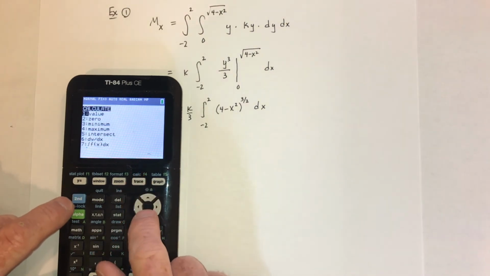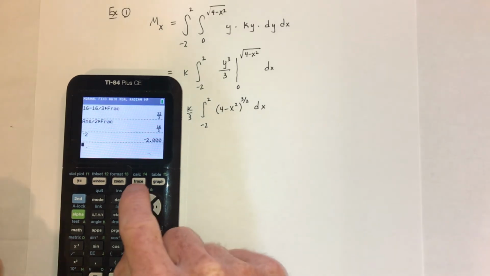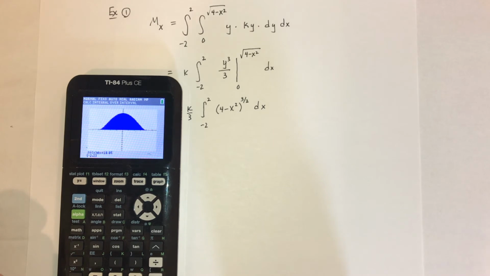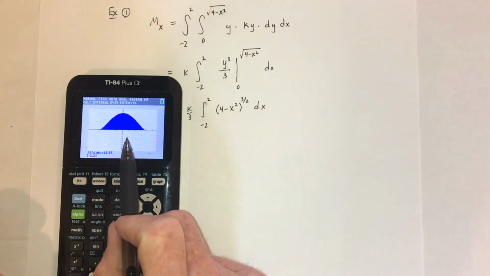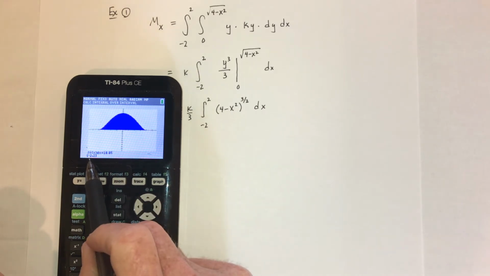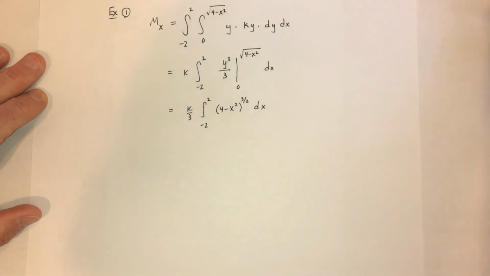And then integrate from -2 to +2. My scale down here is not going by 1, but it is right there telling me it went from -2 to 2, and I got 18.85.